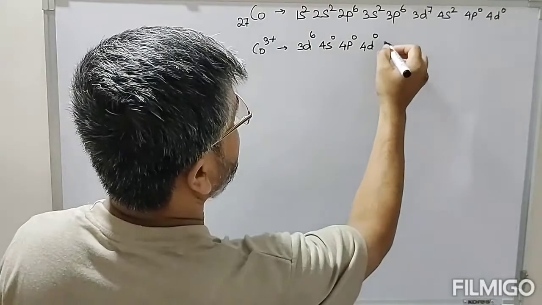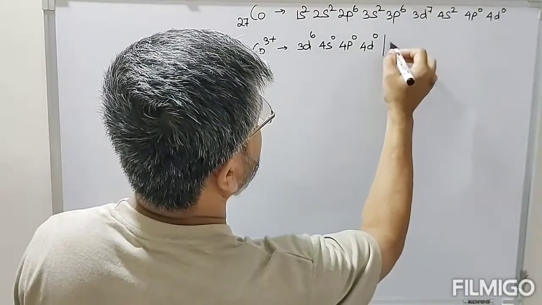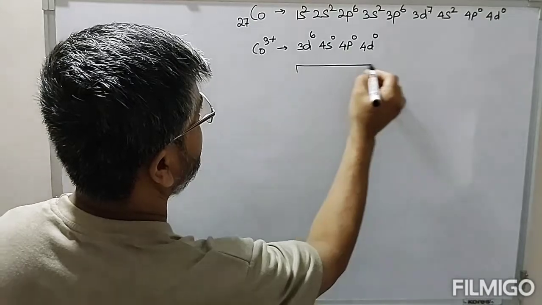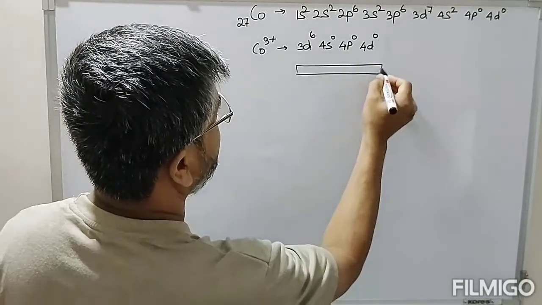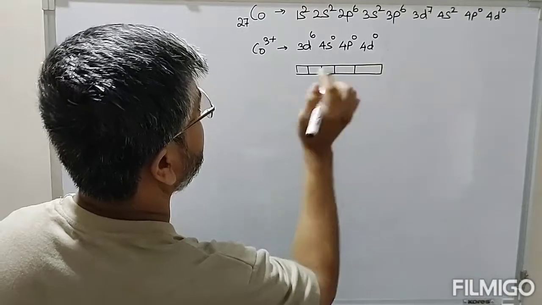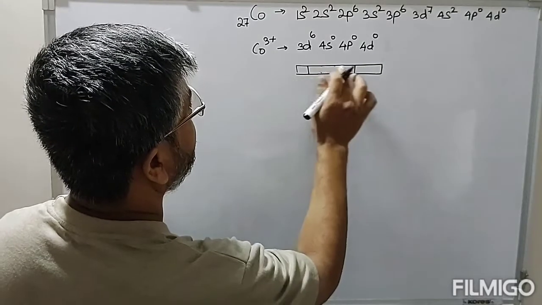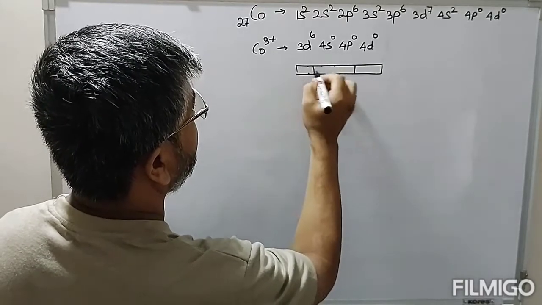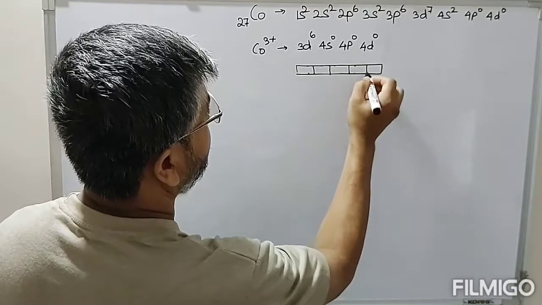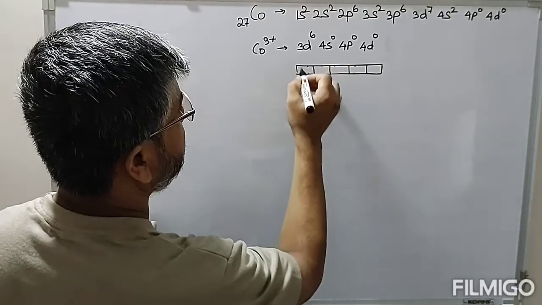So if you look at this, we have 3d with 6 electrons here.